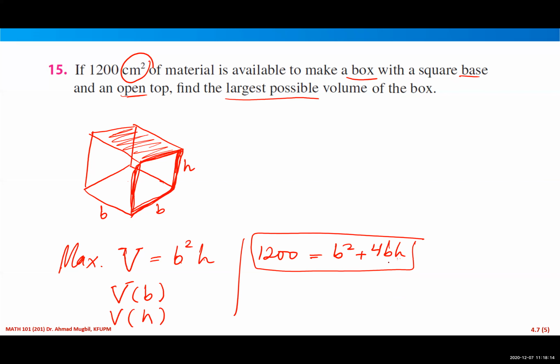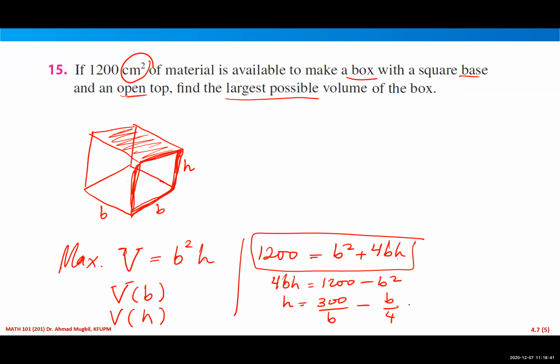So from this equation, what will h be? 4bh will be 1,200 minus b squared. Divide by 4b. You will have 300 over b minus b squared over 4b, which is b over 4. Is it okay?